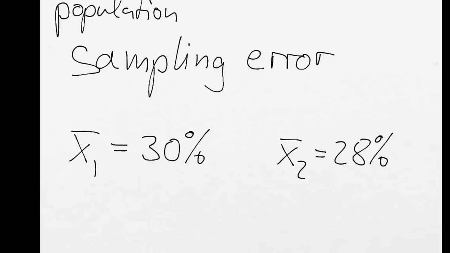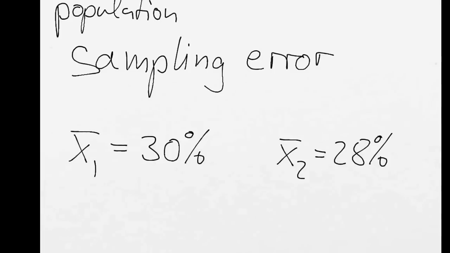I know that the sampling error is there, so I would not expect the means the same. Because the sampling error is there, my means must be different. I know that. But how different is different?